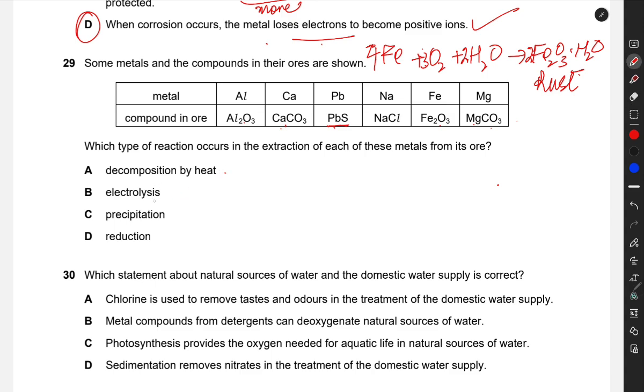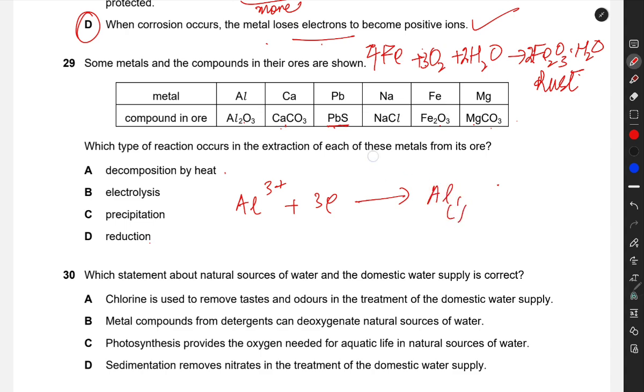Decomposition by heat, electrolysis, precipitation and reduction. If we extract aluminium through electrolysis, which process is going on? This is reduction.